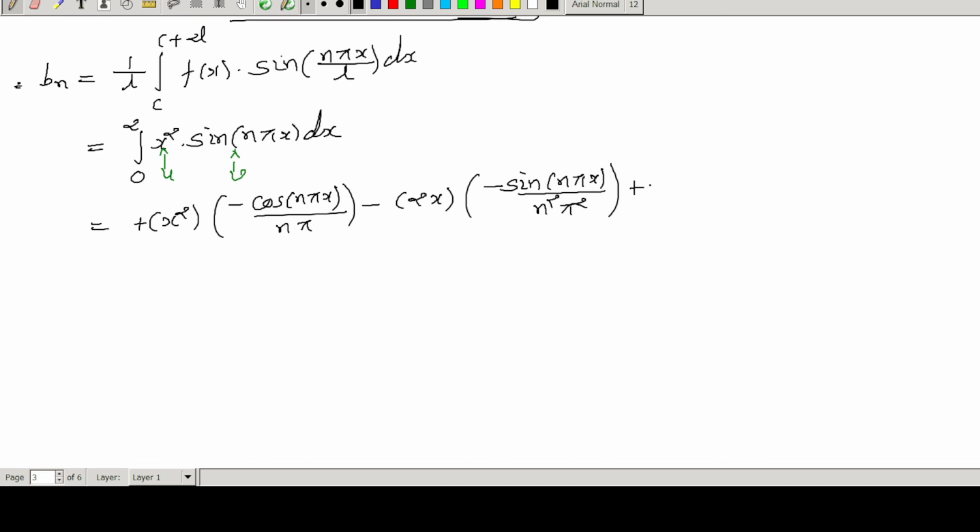Opposite sign, so that is plus. Derivative of 2x is 2. Integration of this, minus sign we have. Integration of sine is minus cos, so minus minus plus cos n pi x upon n cube pi cube, over the limit 0 to 2.